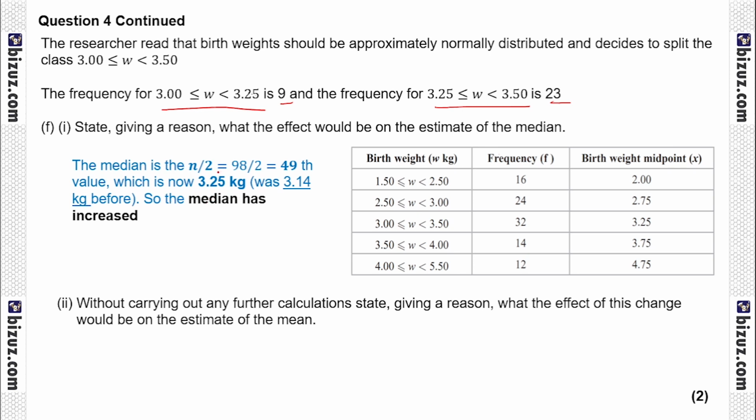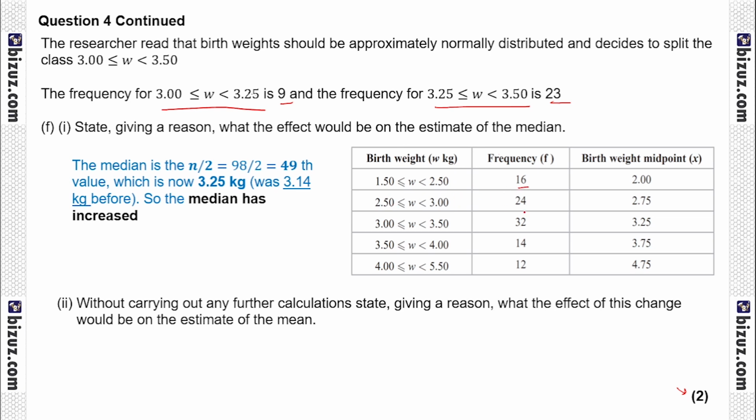Now we don't actually need to use interpolation. This is pretty convenient. The question being worth 2 marks tells us that we wouldn't need to do something as difficult as interpolation here. From 1.5 to 2.5, we have 16 so far.